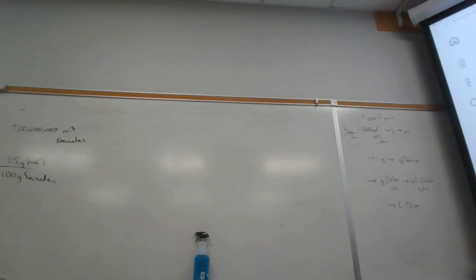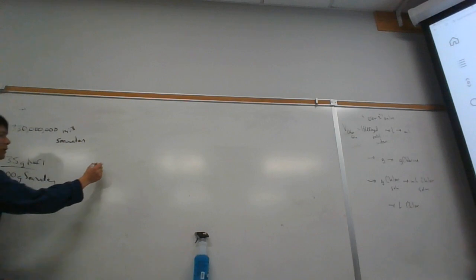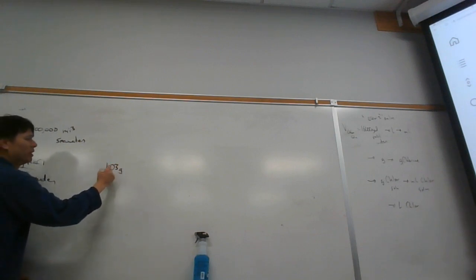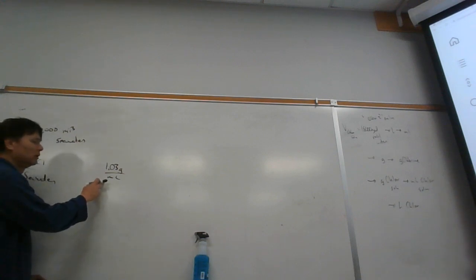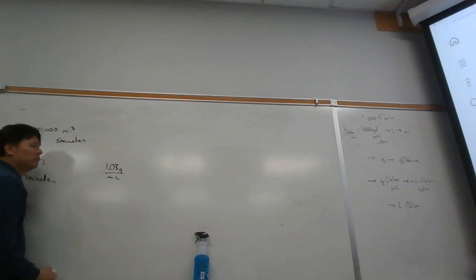Okay, the density, so how should I write this? It's not enough to write 1.03 grams per milliliter in Chem 1A. Maybe in Chem 4 that's enough because you just have 1 or 2 steps. In Chem 1A we have multiple densities, multiple steps. There are different ways I can write this.